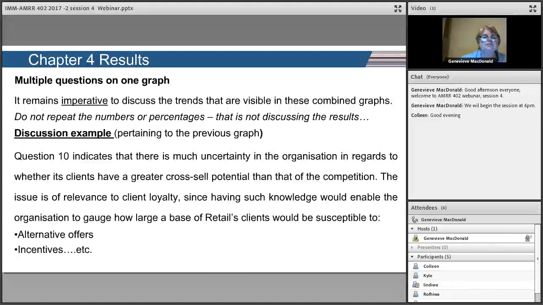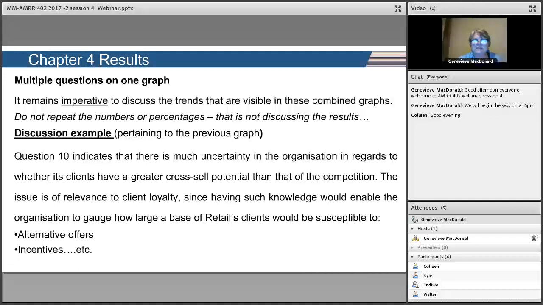Multiple questions on one graph, it still remains imperative that you actually discuss each of those questions. The fact that they're together on one graph doesn't mean that you don't have to discuss that. Okay? Do not repeat the numbers or percentages. That is not a discussion.